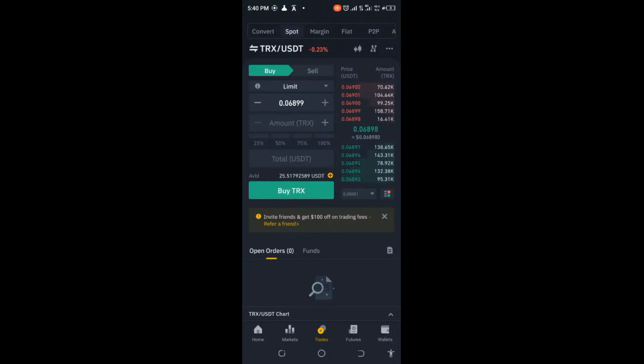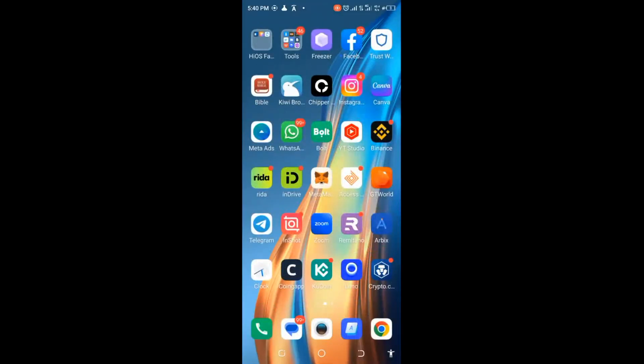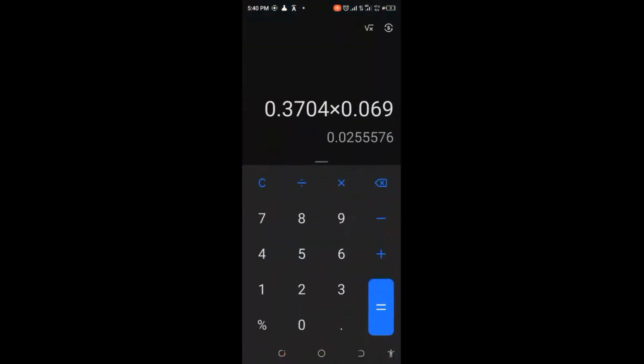It would have been 25.51 minus 25.44, so this is 7 cents, plus 10 cents. It would have been 17 cents, right?